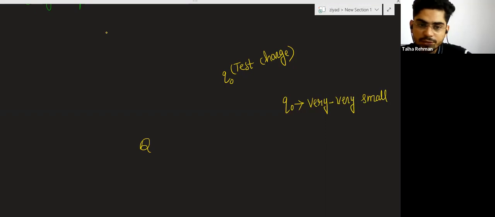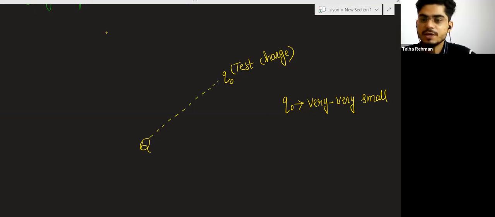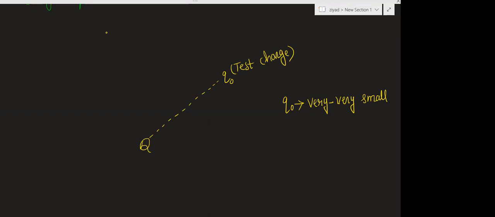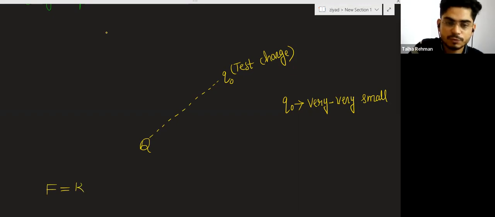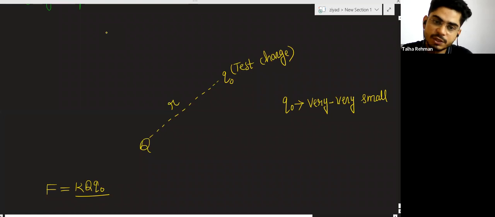So we know from Coulomb's law that this is a point charge and this is also a point charge. Between two point charges there is a force of interaction, given by K times the product of the two charges, Q into Q naught, divided by the distance, R, between the two charges.